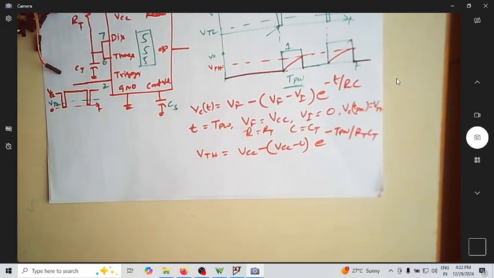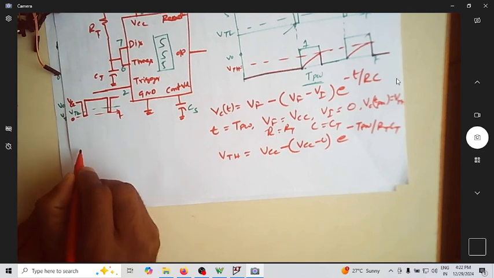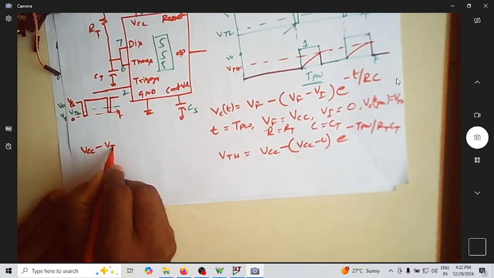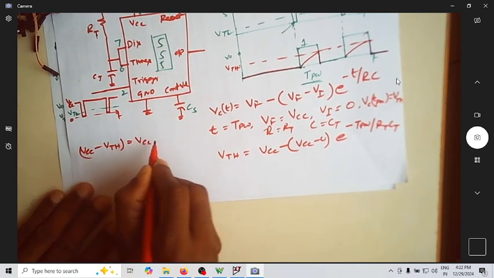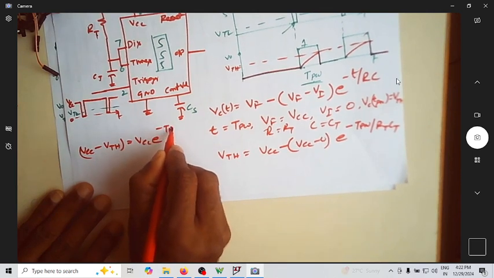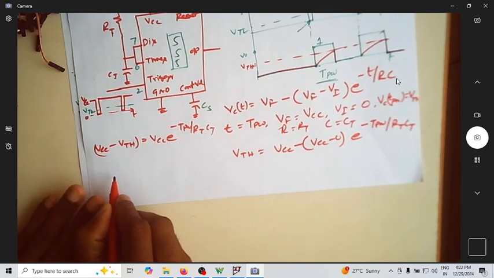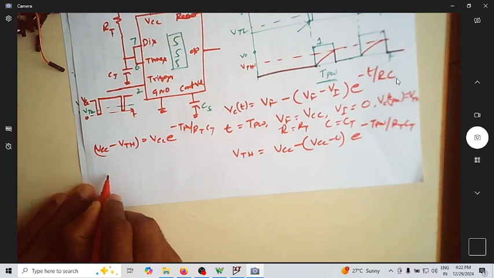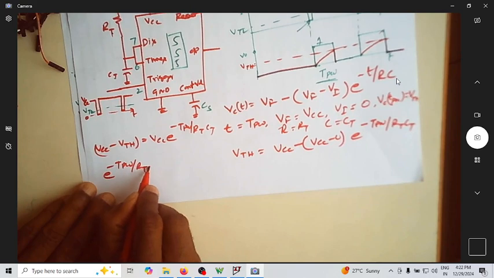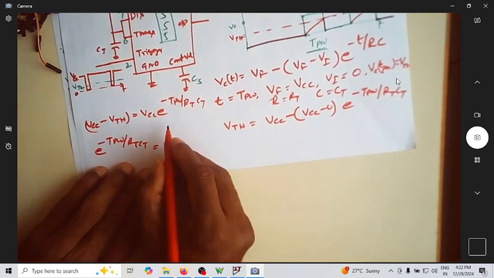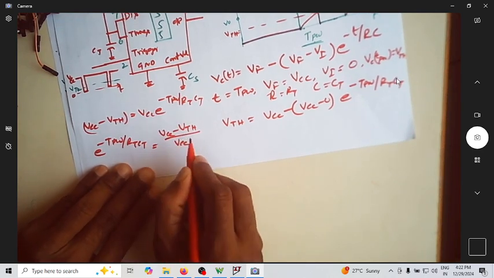Upon rearranging, is it not VCC minus VTH is equal to VCC e power minus TPW by RT CT, or e power minus TPW by RT CT is equal to VCC minus VTH by VCC.